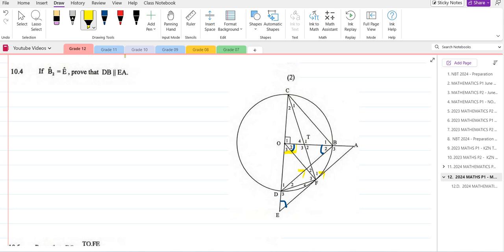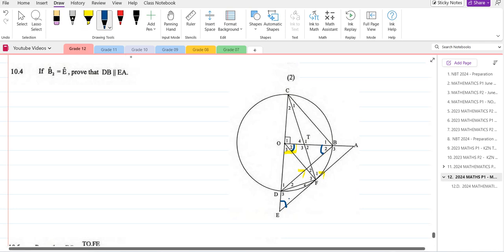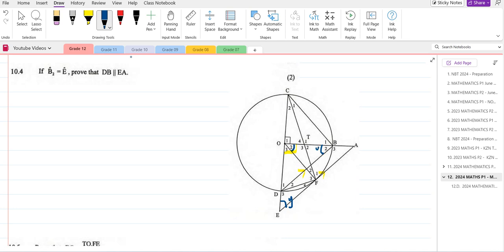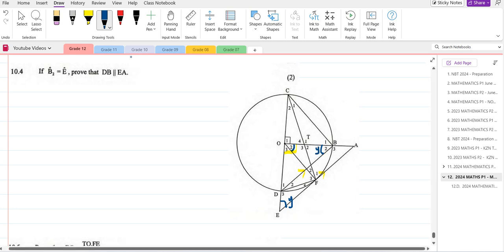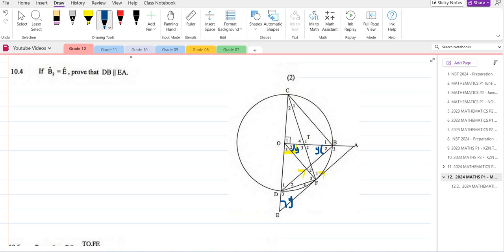Okay, if this angle is 90, so then this will become 90 minus... if I make these equal to y, that's y, that's y, this is y, then this is 90 minus y. Will this work? Trying to find alternate angles here, guys.